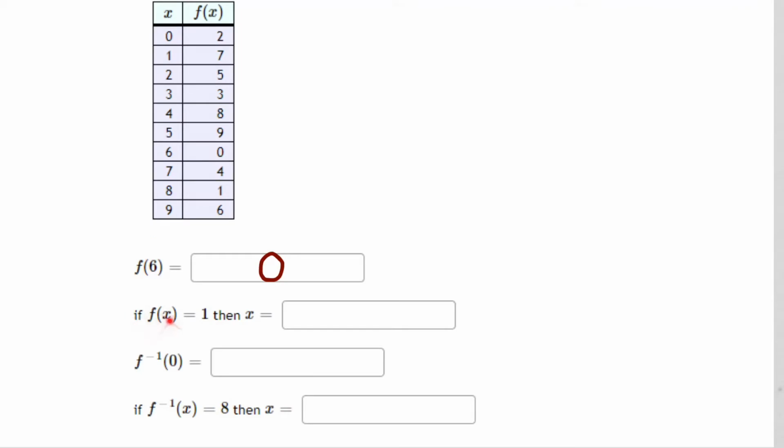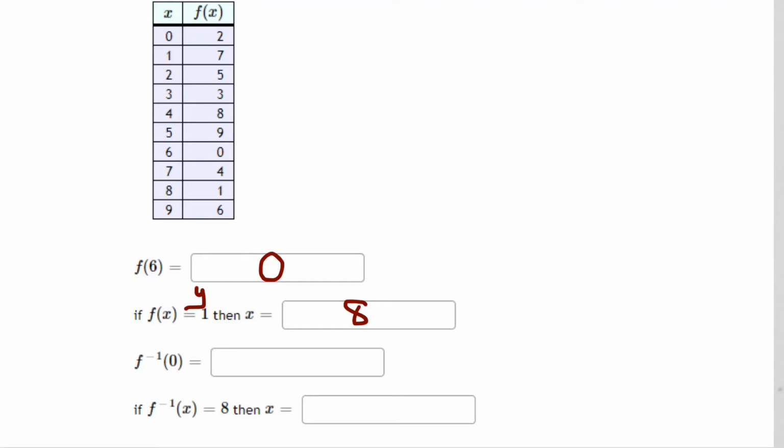Now the next line says, if f of x is equal to 1, then what is x? So we're given the output 1, which is your y, and we're trying to find the x that gives us that 1. So we're going to look in the output column for 1. There it is. The input value was 8.